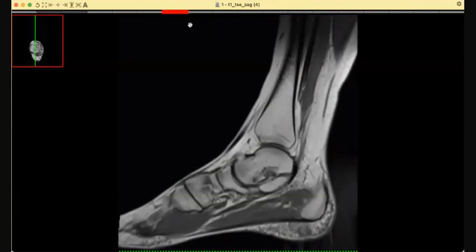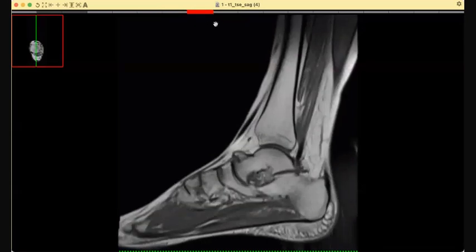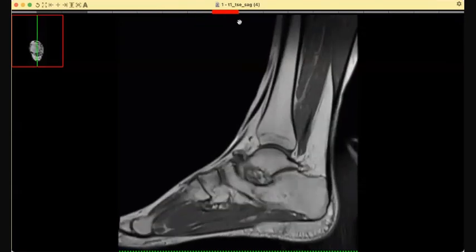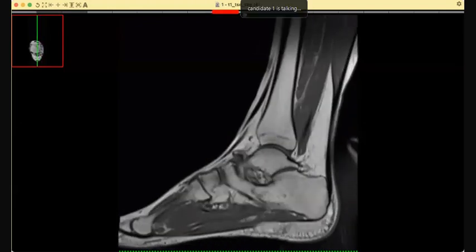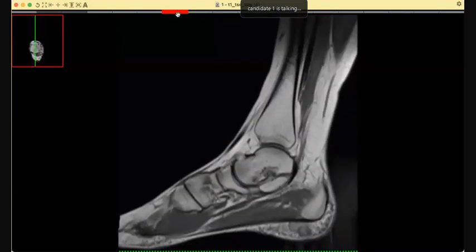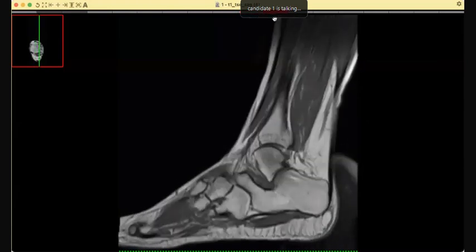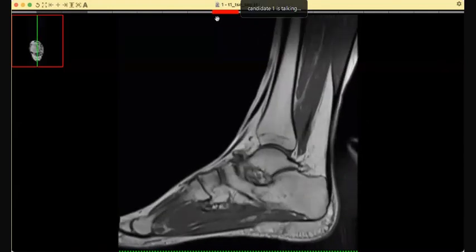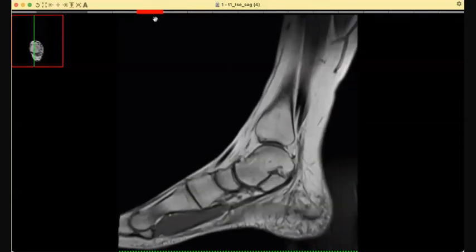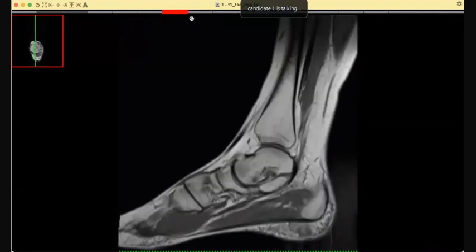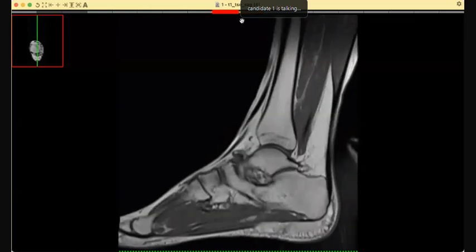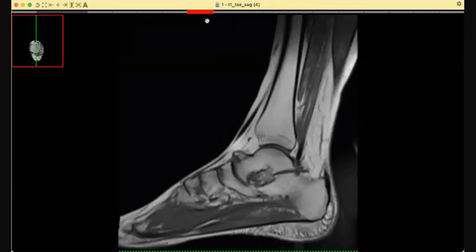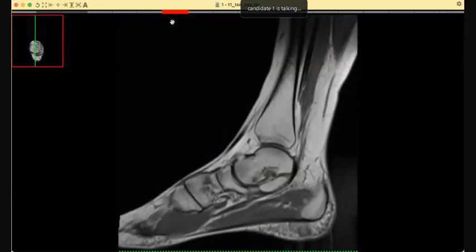Concentrate on any other finding which explains the finding which you have picked up on the talus. On review of the remainder of the study, I can see the joint space between the talus and the tibia is preserved. The calcaneum is unremarkable. The talonavicular joint space is also preserved.